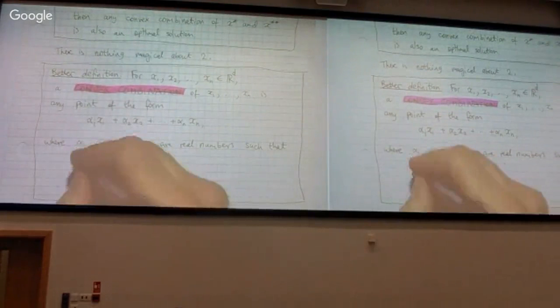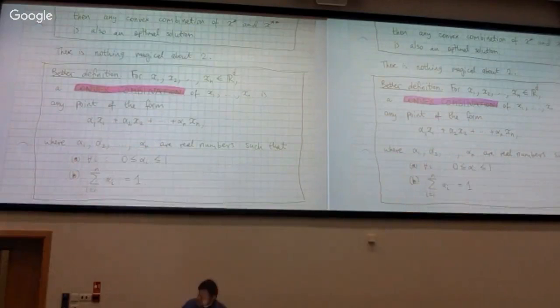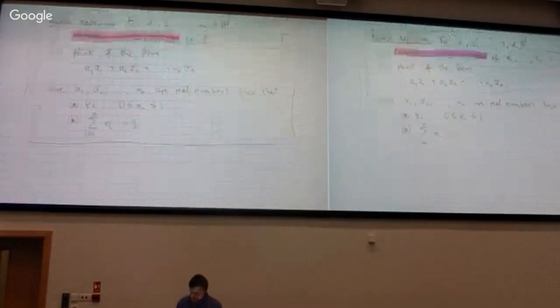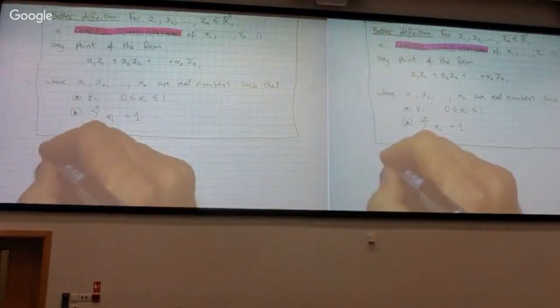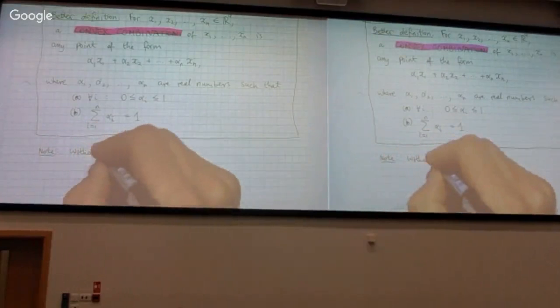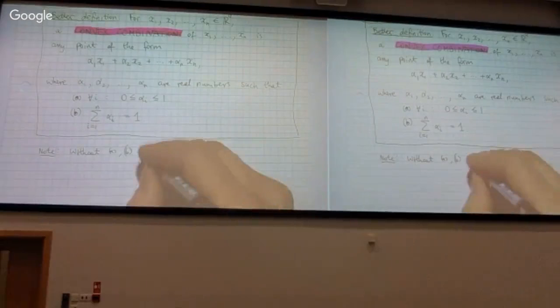I'll call this A and B. So as you just said, if you don't have these conditions, it's called a linear combination.